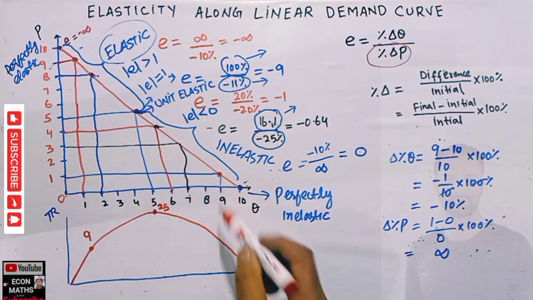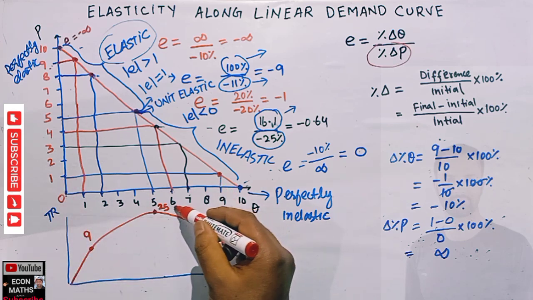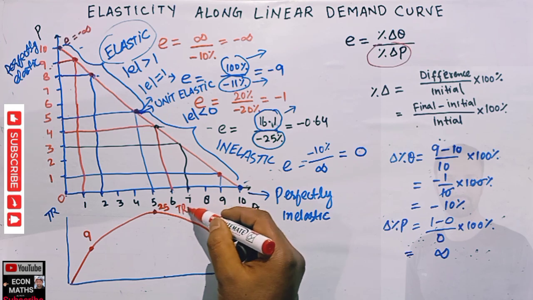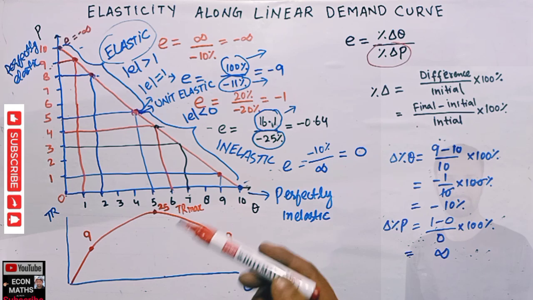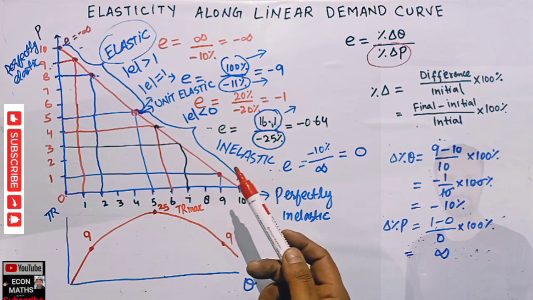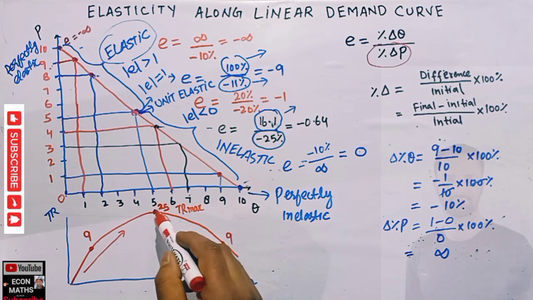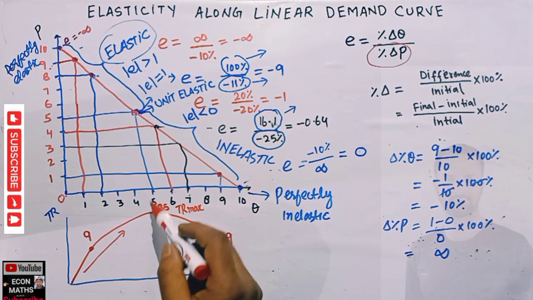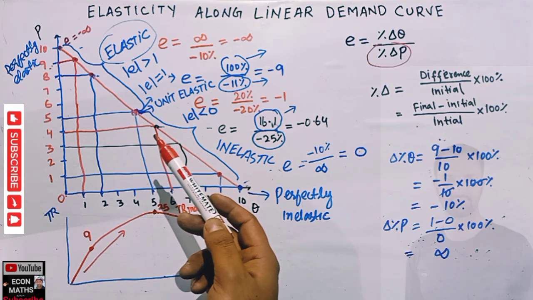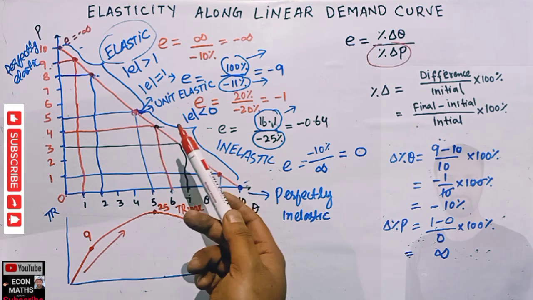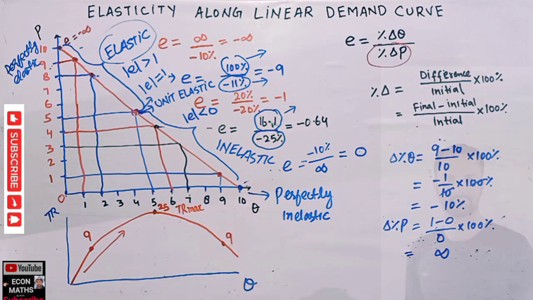We have 1 into 9, so this comes out to be 9. We can say total revenue is maximum when we are at the unit elastic point. First total revenue will increase, it will reach a maximum when the price elasticity of demand is unity, or 1, and then it starts falling.